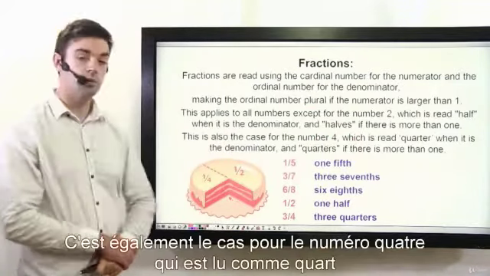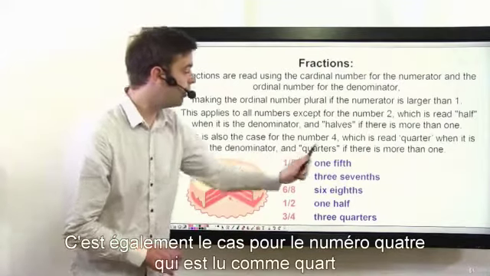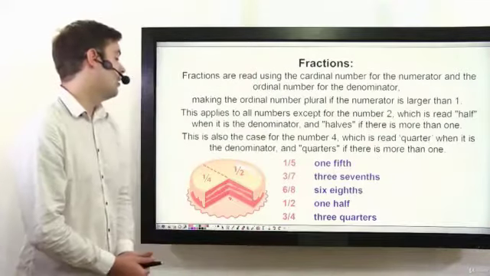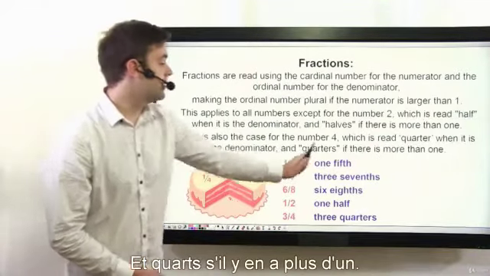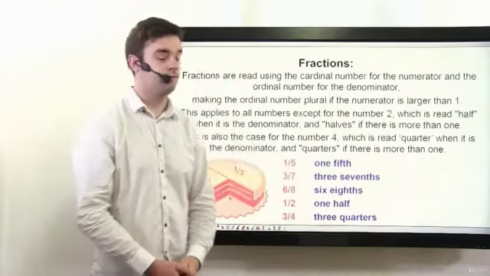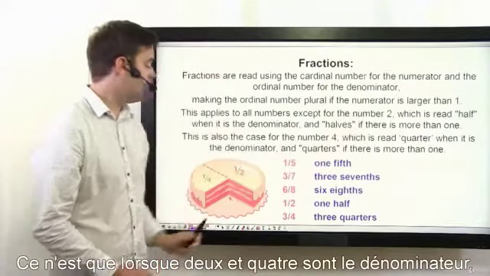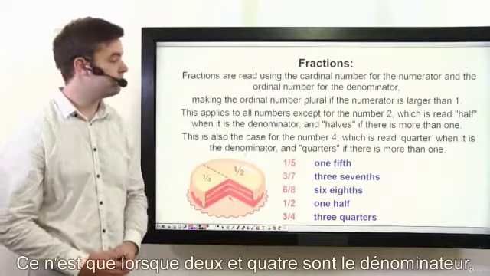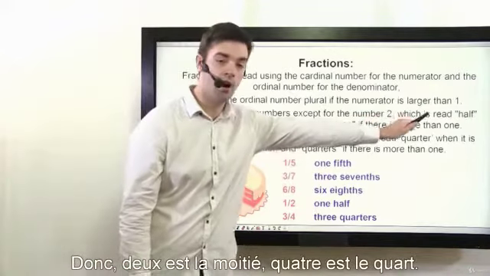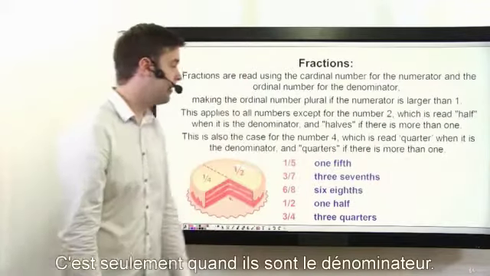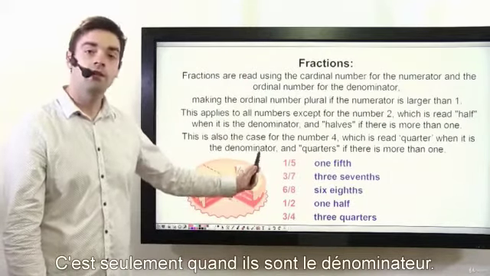This is also the case for number 4, which is read as quarter, and quarters if there is more than one. This is only the case when 2 and 4 are the denominator. So 2 is half, 4 is quarter, and that's only when they're the denominator.